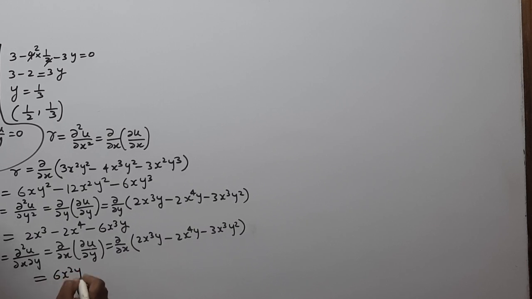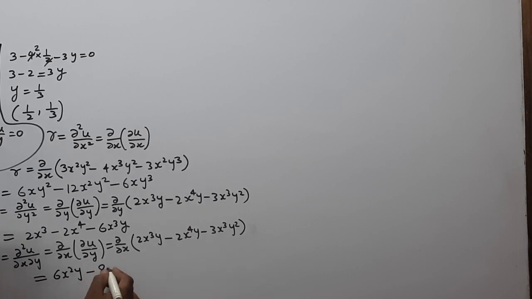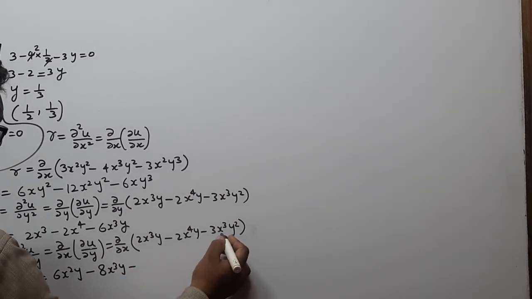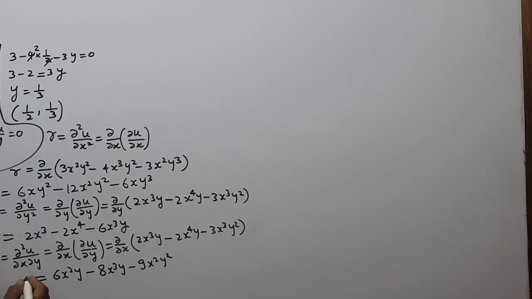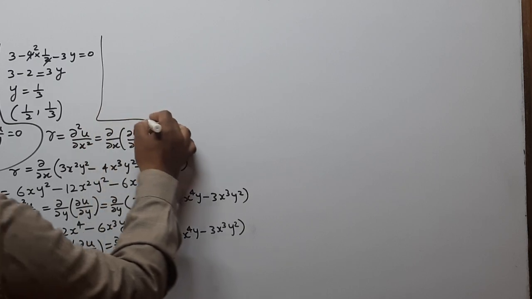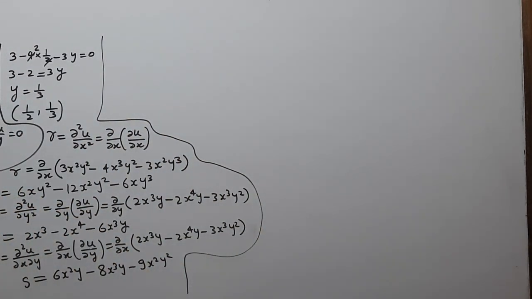So this is 6x square y. Here 2y is constant and differentiation of x to the power 4 is 4x cube. So this is 8x cube y. And here we differentiate x cube, so this is 3x square. So this is 9x square y square. So this is s.